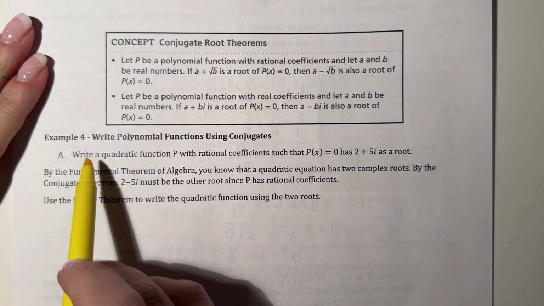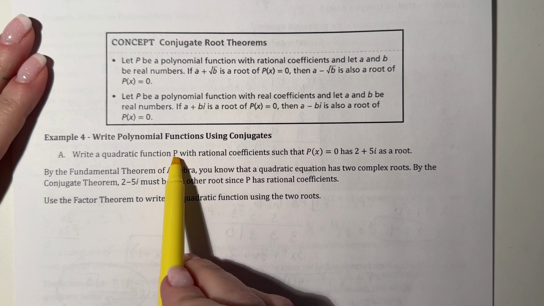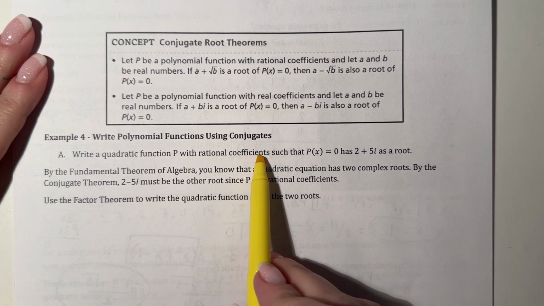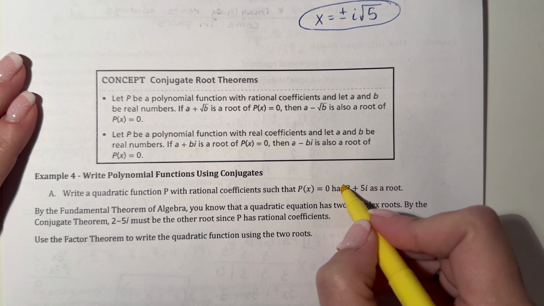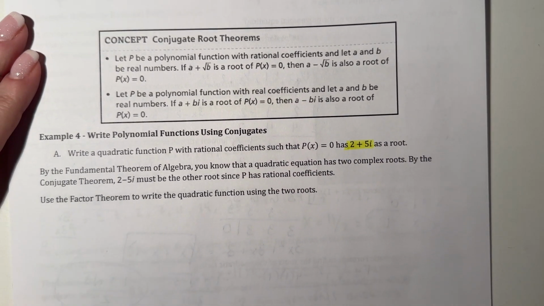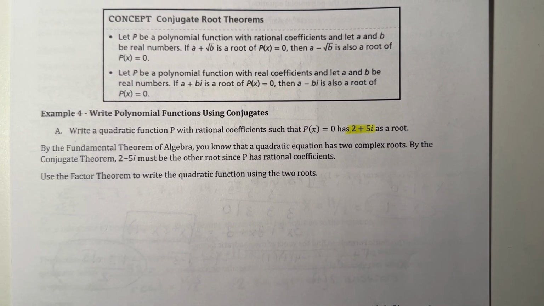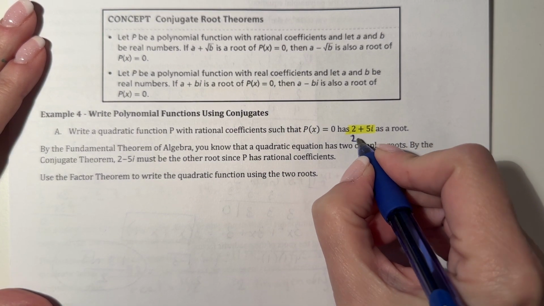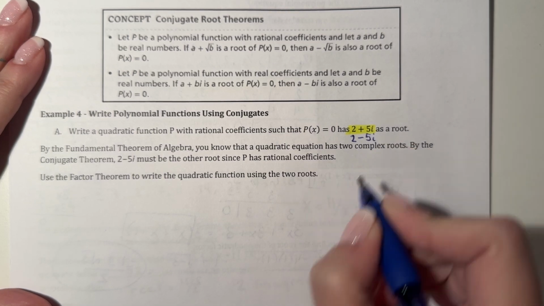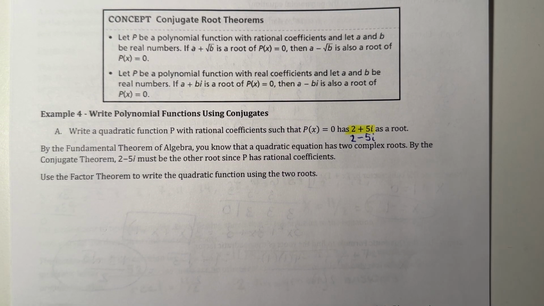So if we look at this problem, it says write a quadratic function p with rational coefficients such that p of x has this and only this as a root. Now you, as a student, just have to automatically know that if it has this for a root, it also has this for a root. It is a trick. Yeah, that's right, a trick.